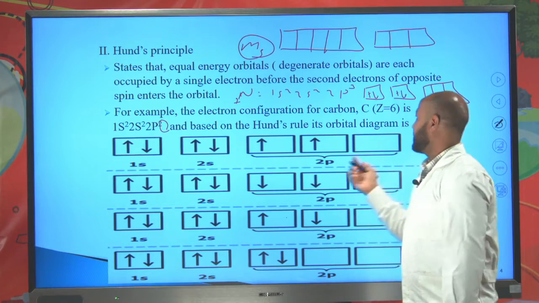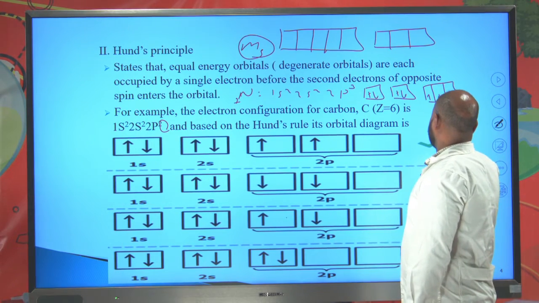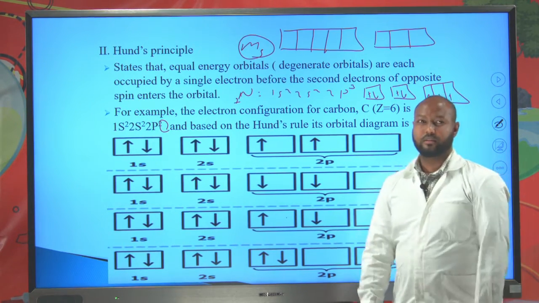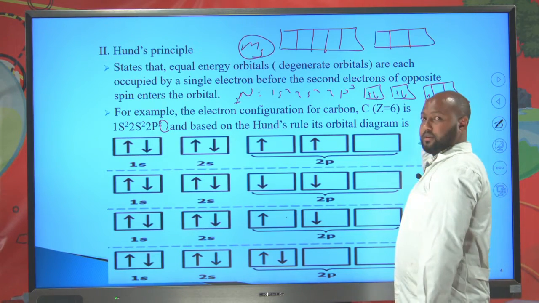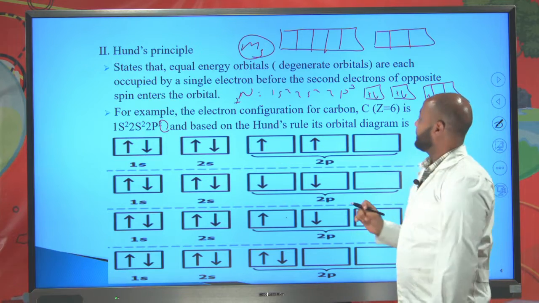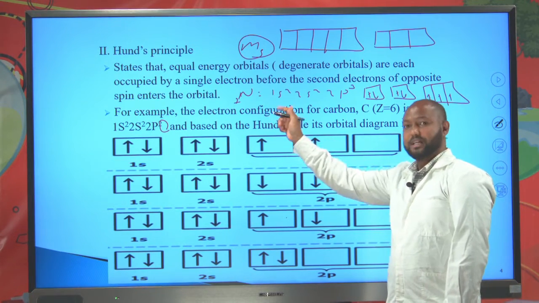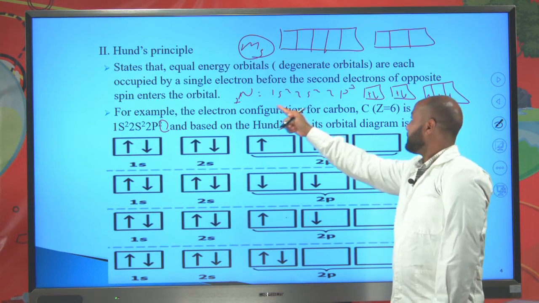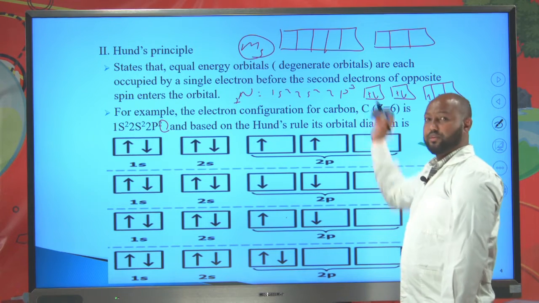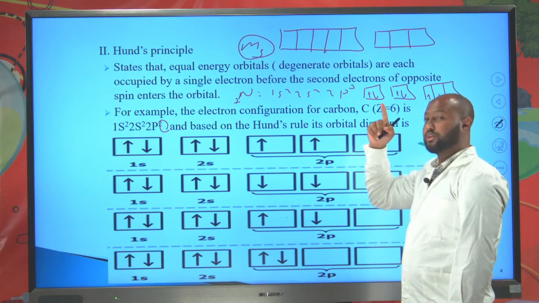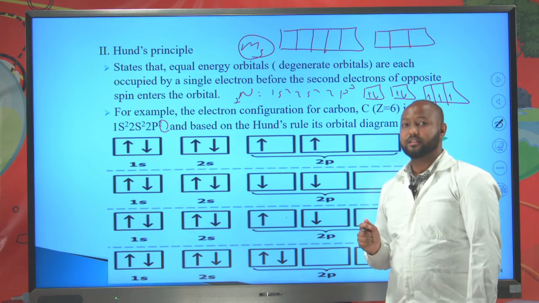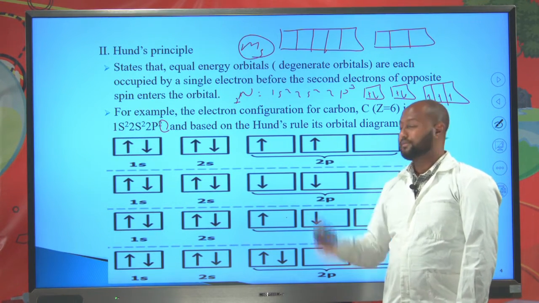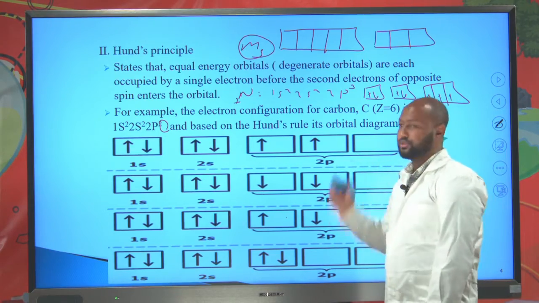Electrons fill singly. 1, 2, 3. This is the correct one. But pairing up is wrong. But for oxygen, atomic number 8, it becomes 2p4. The fourth electron comes and pairs up here, and the fifth and the sixth electrons for fluorine and neon continue, right?